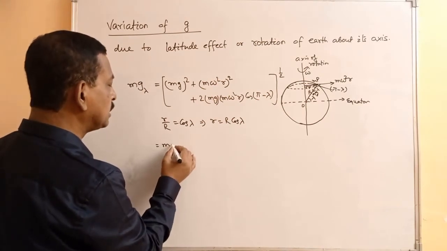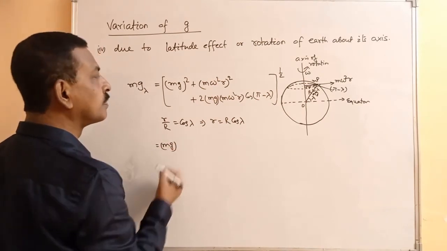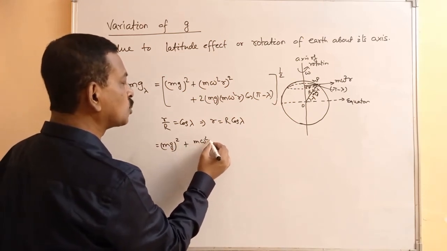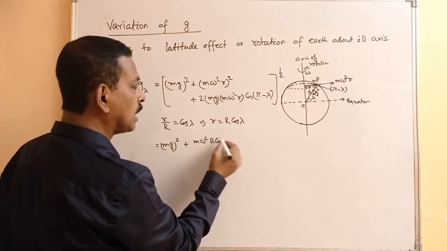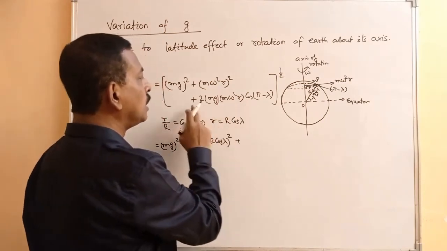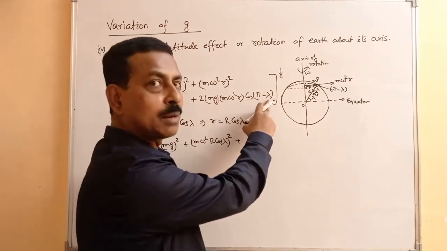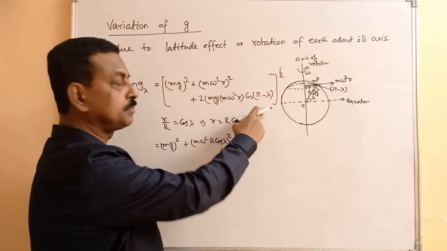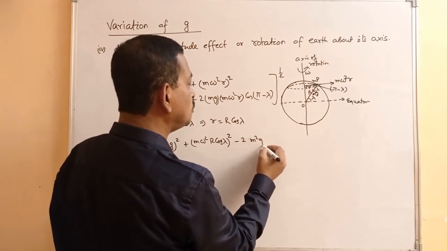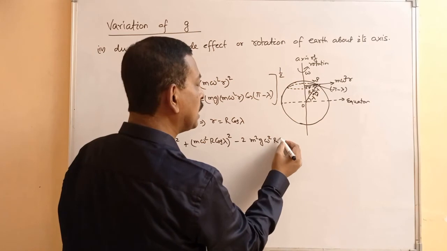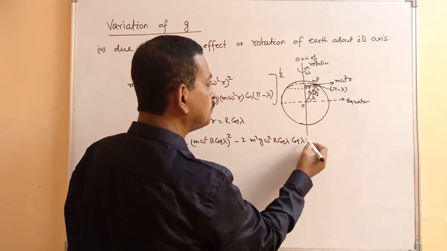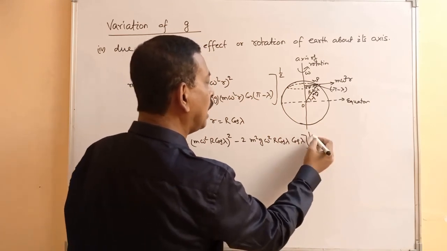So if you put it here, it is your mg whole square plus m omega square, for r we are putting capital R cos lambda, whole square. Then here it is cos of 180 minus lambda, so it will be minus cos lambda. So this we can write as minus 2 m square g omega square capital R cos lambda, and for this one again you will have a cos lambda term there, and the whole term's power will be half.